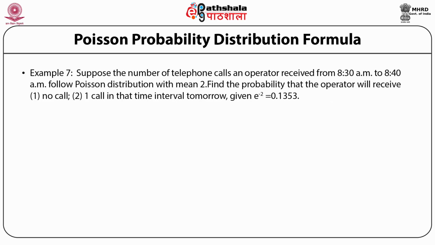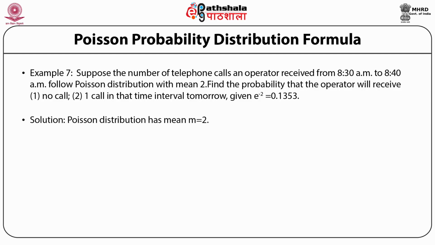Suppose the number of telephone calls an operator received from 8:30 am to 8:40 am follows Poisson distribution with mean 2. Find the probability that the operator will receive number 1, no call, number 2, 1 call in that time interval tomorrow. Exponential value is given.